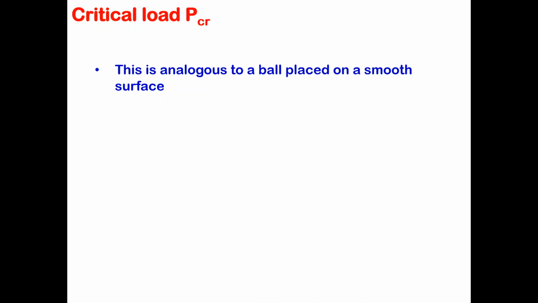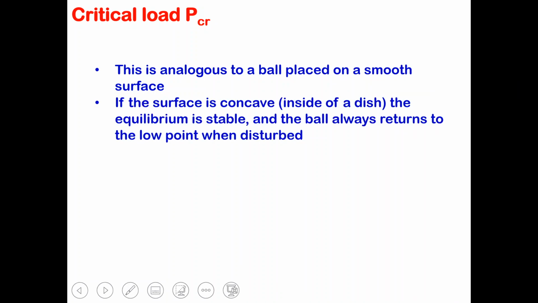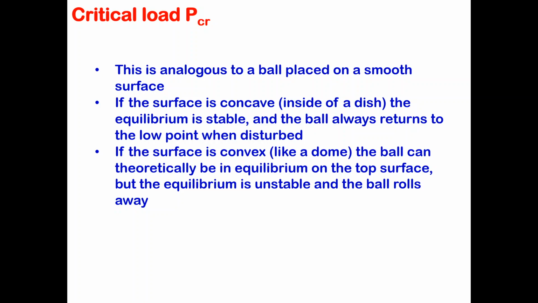This idea of stability is analogous to the very famous ball placed on a smooth surface. If the surface is concave, meaning that it is inside a dish, the equilibrium is stable, and the ball always returns to the low point when disturbed. If the surface is convex, like a dome, then the ball can theoretically be in equilibrium on the top surface.